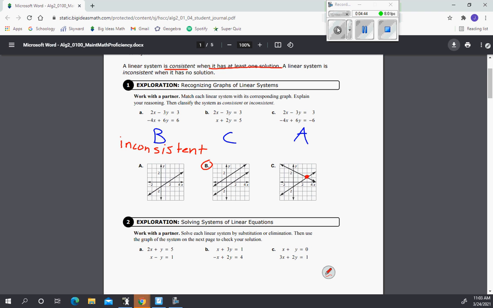Yeah, right there. So they're consistent. In A, where do they intersect? They intersect a bunch of times. Okay, at least once. So yes, this is consistent. Okay, now we can move on.